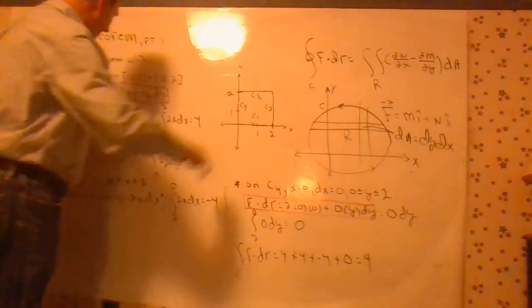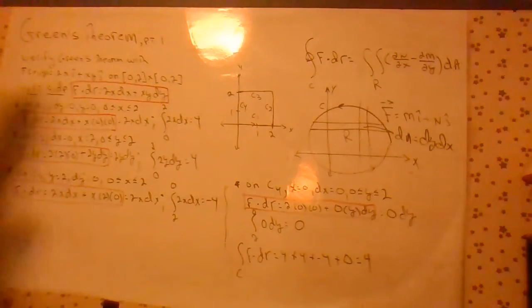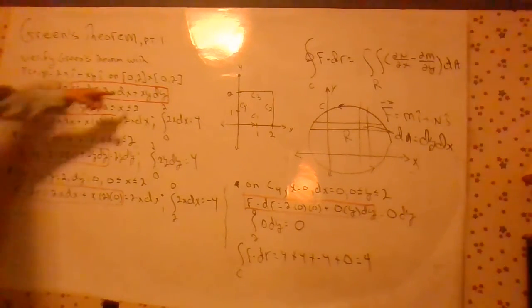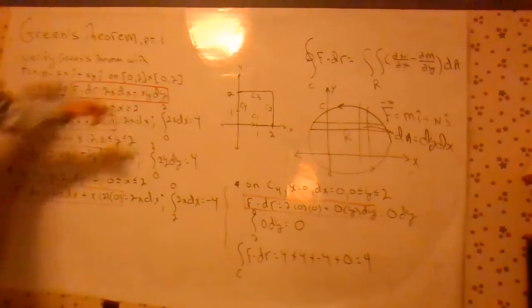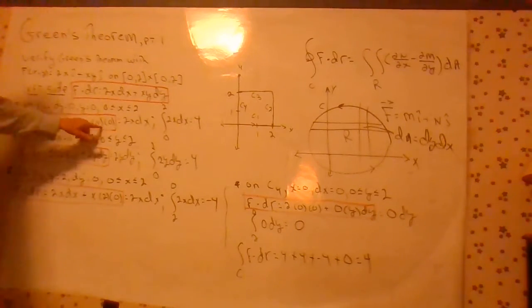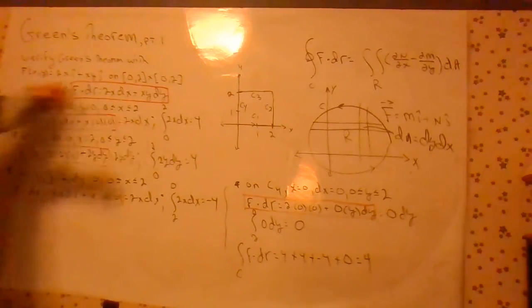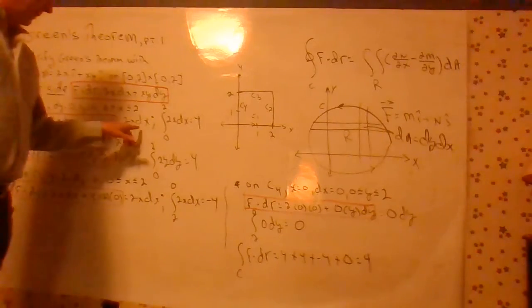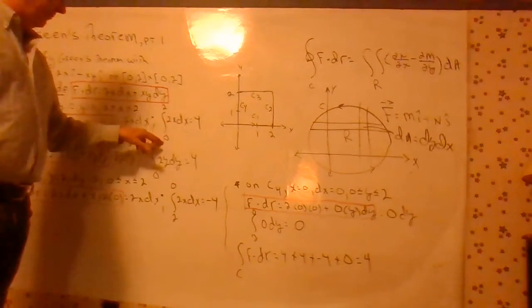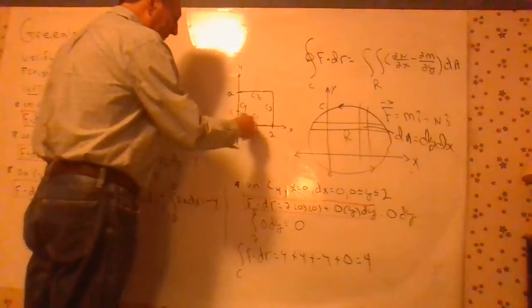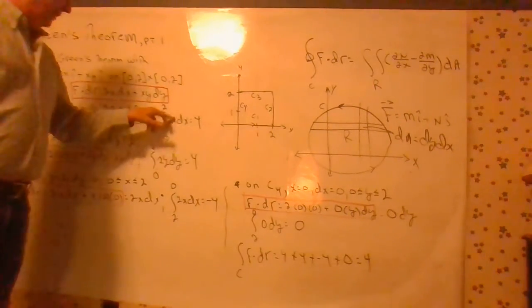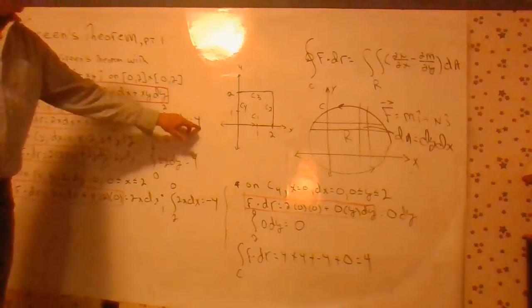That's y equals 0. x goes from 0 to 2. And so we can simplify this to put a 0 there and a 0 there. It gives us 2x dx plus x times 0, 2x dx. And then we can simply integrate 2x dx from 0 to 2. Gives us x squared from 0 to 2, which is 4.